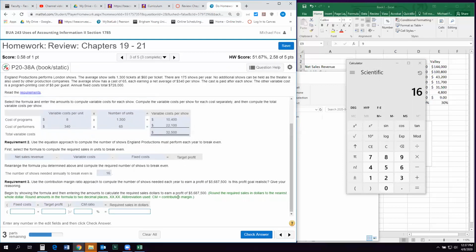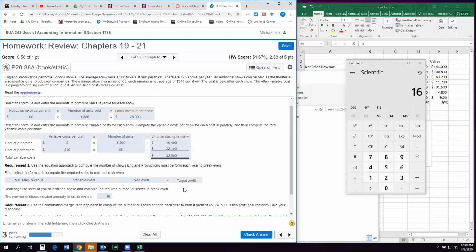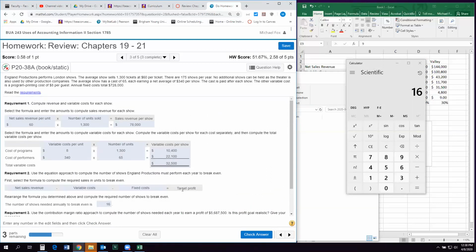My fixed costs were 728,000. My target profit is 5,687,500. The contribution margin ratio is not given to me, so I've got to figure out what that is. Probably the easiest way is we calculated earlier what our contribution margin per show was, and we know what our revenue per show is.